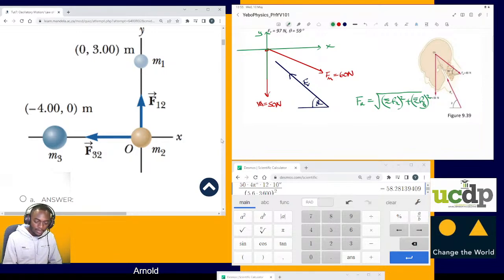Okay, so remember always that if it's a system that is in equilibrium, then the summation of forces should add up to 0.